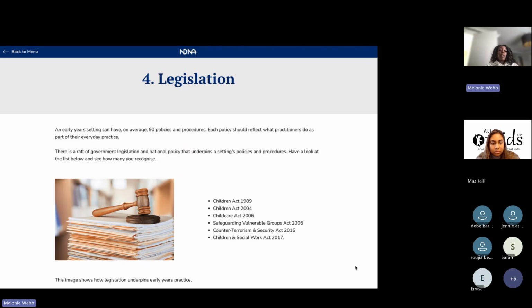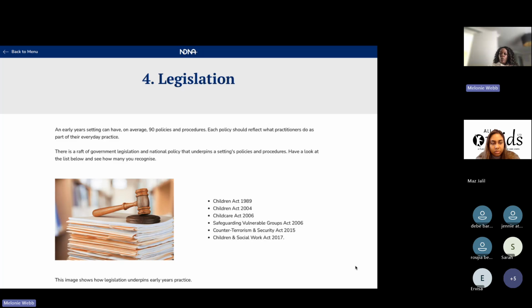So as early years settings, we probably have more than 90 policies and procedures actually, and each one reflects what practitioners should do as part of their everyday practice in order to keep children safe. So there's government legislation as well as national policy that underpins our policies and procedures.